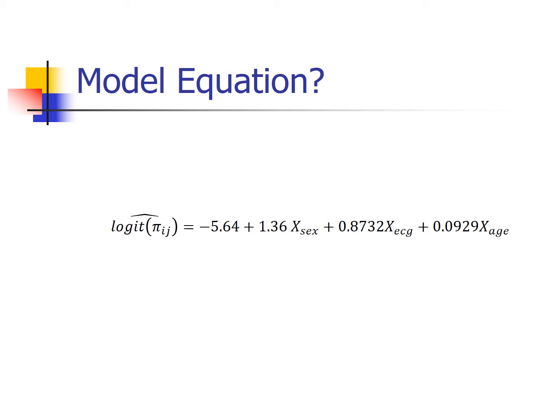The authors made the choice of modeling ECG, which took the values 0, 1, and 2, as a numeric variable, which is saying what? That's assuming that the difference in log odds going from 0 to 1 is the same as going from 1 to 2, which may or may not be true.